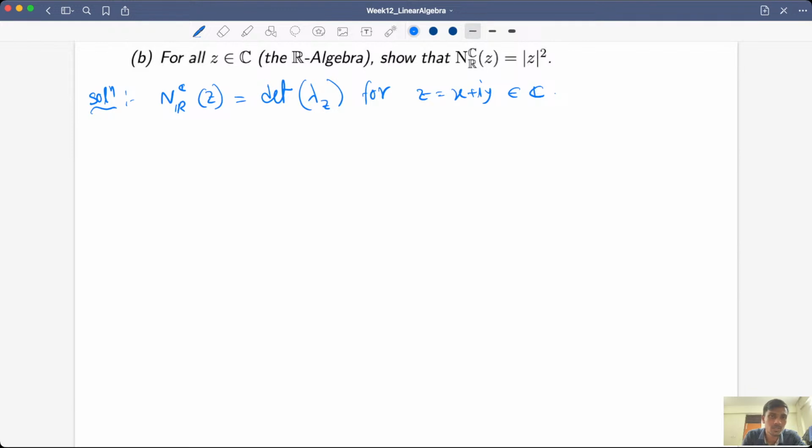It has the basis 1 and i, right? That's the standard basis. So I need to calculate lambda z on those two basis elements, in terms of 1 and i again.